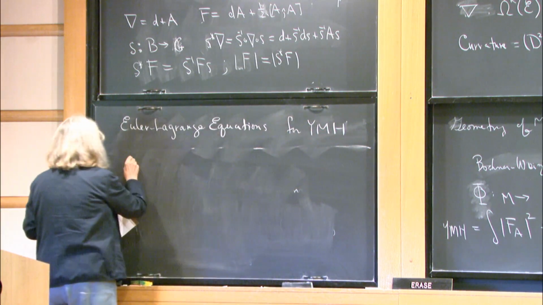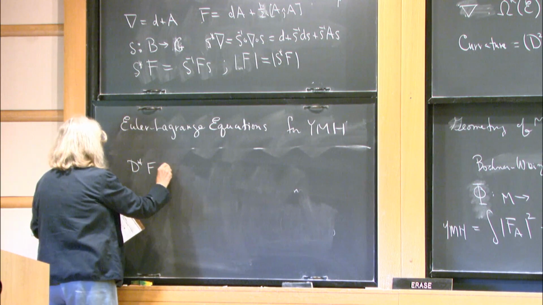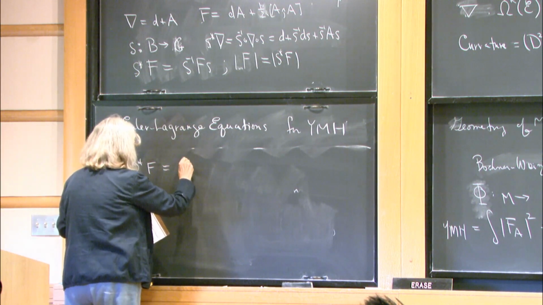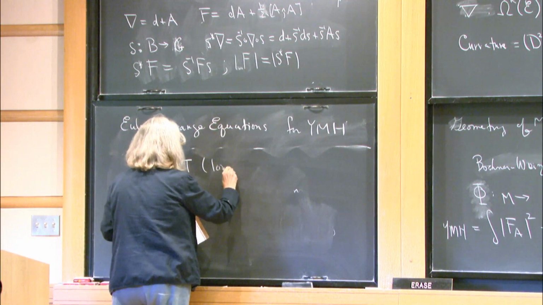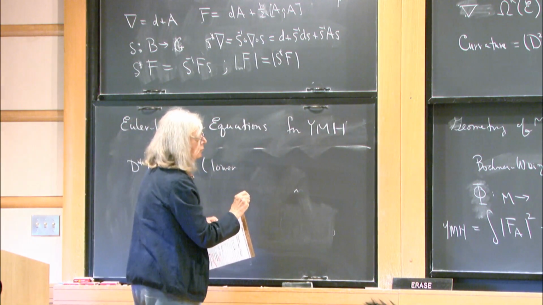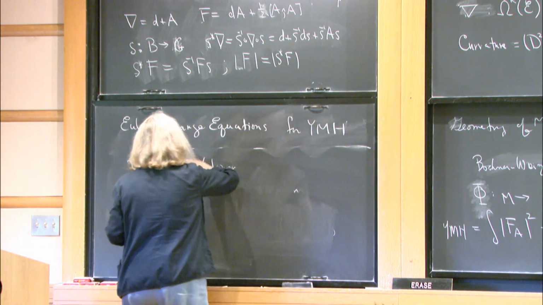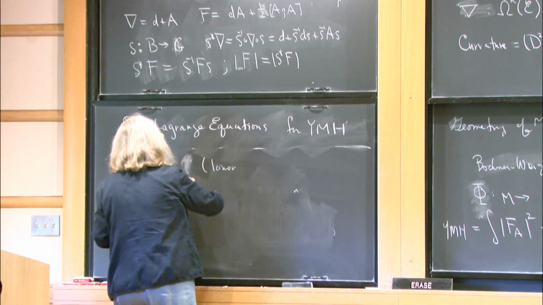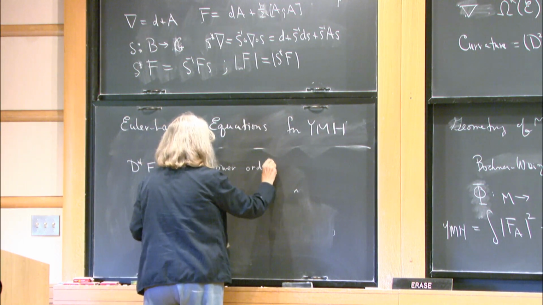There's something like, D star F is equal to, and I'll write down a right-hand side, and this is lower order. I'll just write something of lower order.